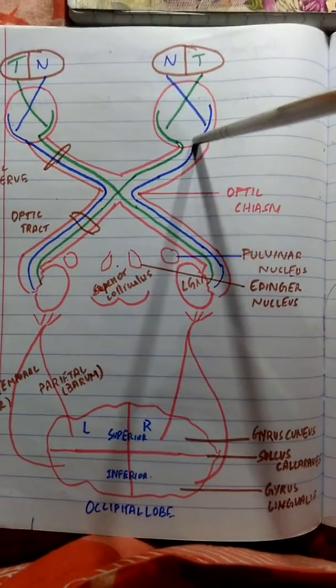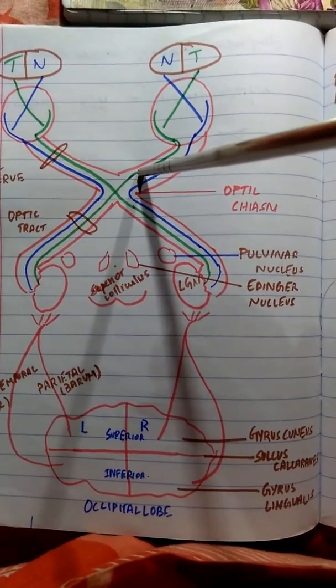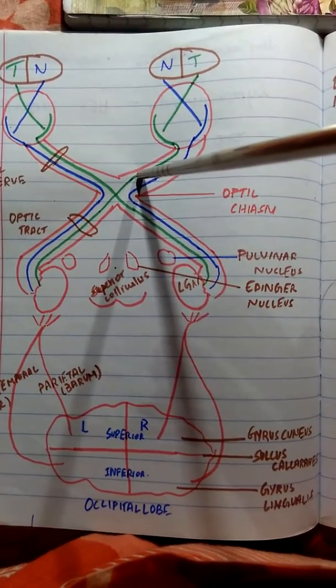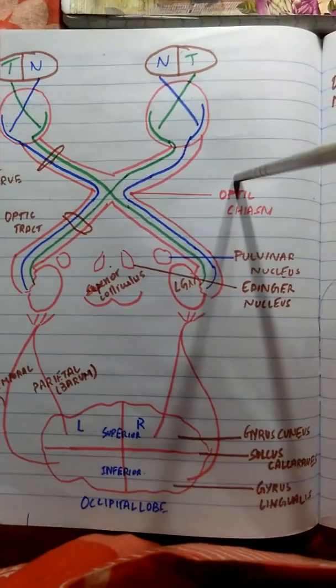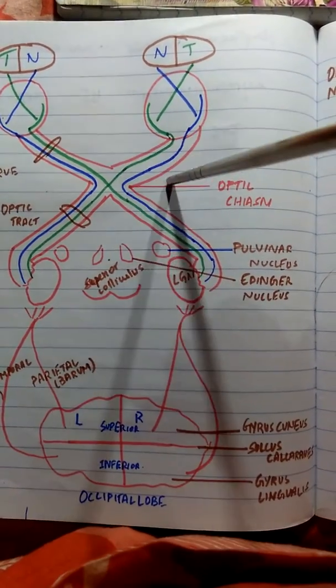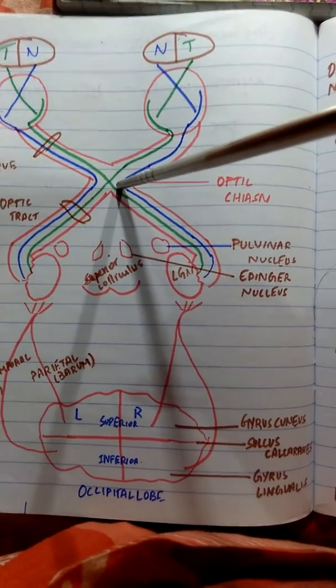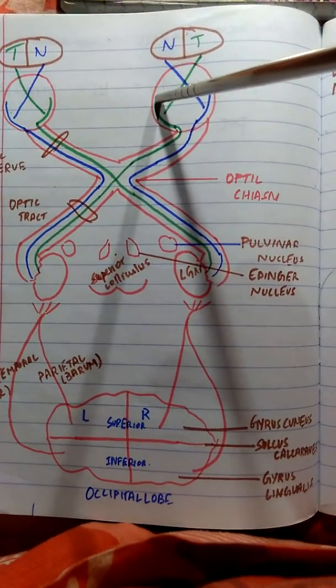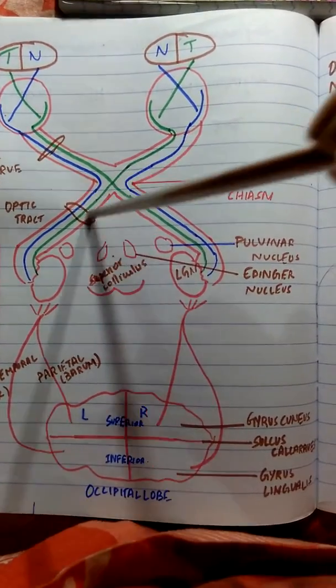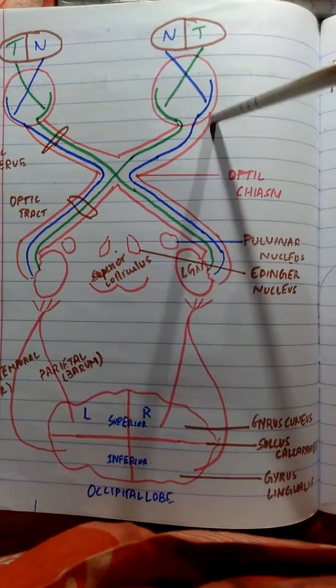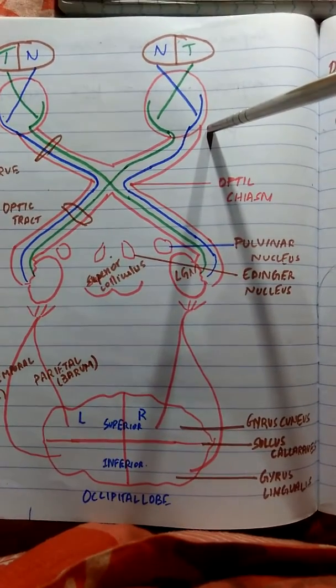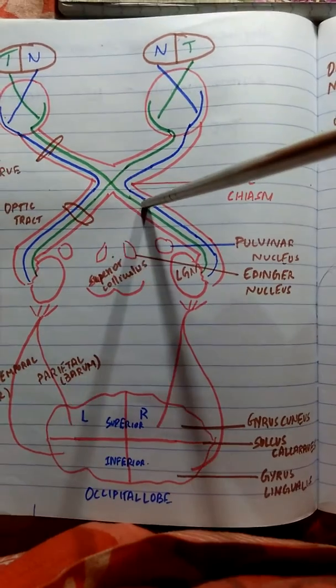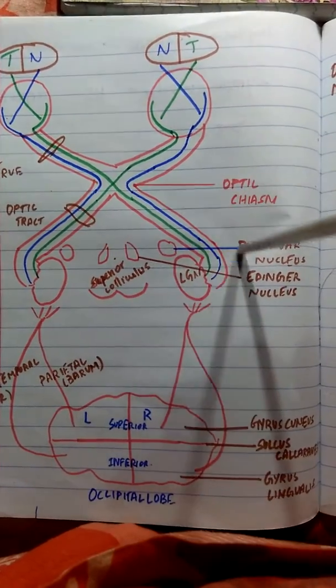From there, it forms the optic nerve. The axons of the ganglion cells form the optic nerve and it goes to the optic chiasm. The nasal fibers cross in the optic chiasm, whereas the temporal part don't cross and they just go to that side.